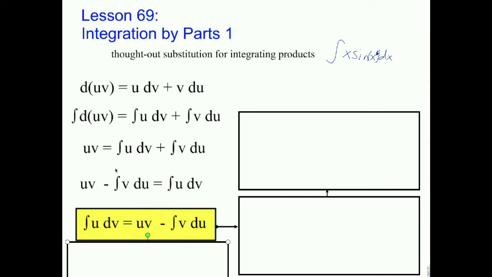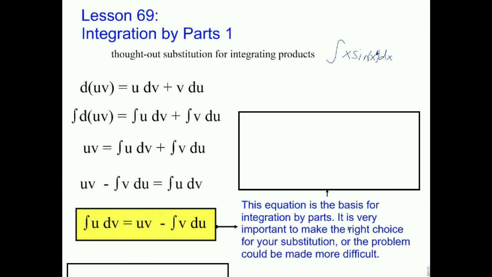And what this is going to do is simplify our integral into just a multiplication problem, and then subtract. Hopefully we choose our u and v correctly, so this becomes a simpler integration problem. This equation is the basis for integration by parts. It's very important to make the right choice for your substitution, or you could actually make it more difficult. So how do we make that choice?